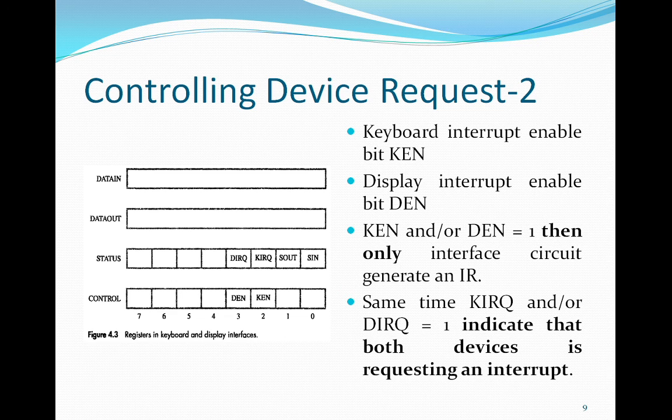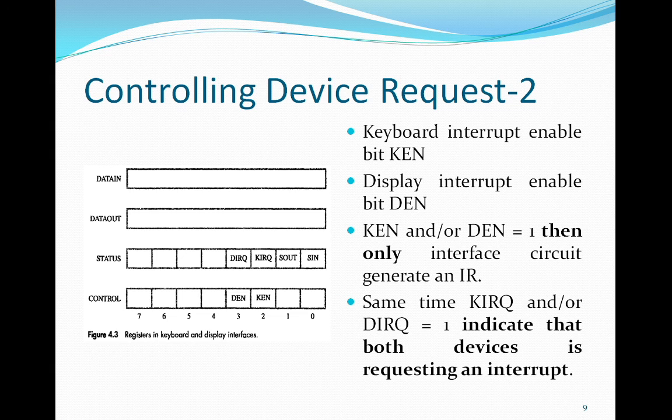At the same time, the interface circuit sets the bit KIRQ or DIRQ to indicate that the keyboard or the display unit respectively is requesting an interrupt. If an interrupt enable bit is equal to 0, then the interface circuit will not generate any interrupt request, irrespective of the state of the status flag. So this is very important.